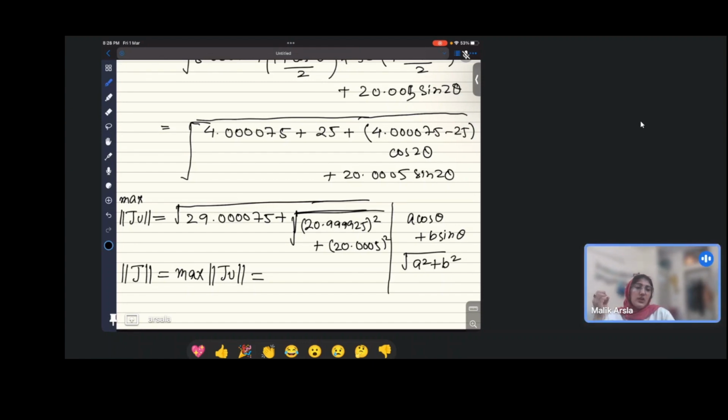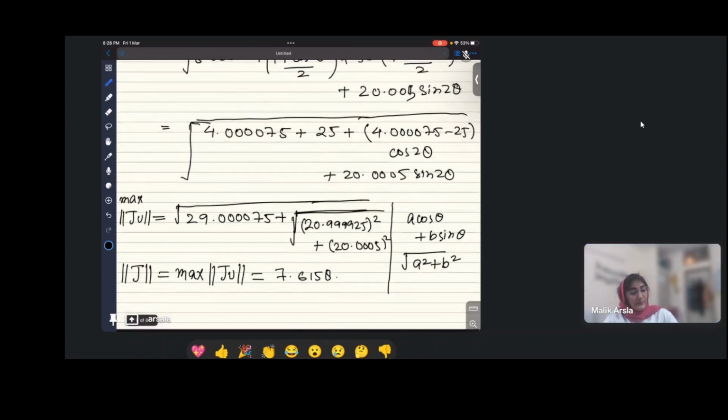What about Moti and Ronak? What are you getting out of this? So it will be 7.6158. Okay, this is the value you are getting for this.